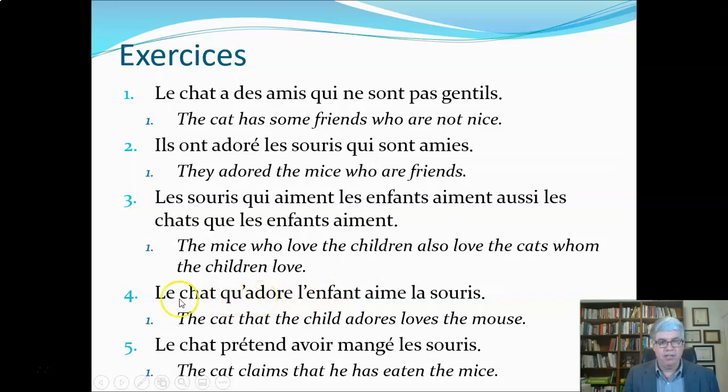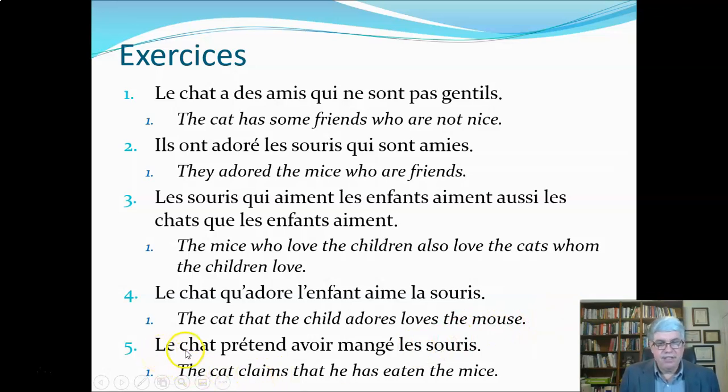It's a direct object. So that's going to be the cat that the child adores loves the mouse. Or if you want to personify the cat, whom the child adores loves the mouse. And if you want to be really informal, you can say the cat who the child adores loves the mouse. But that's too informal for this class.